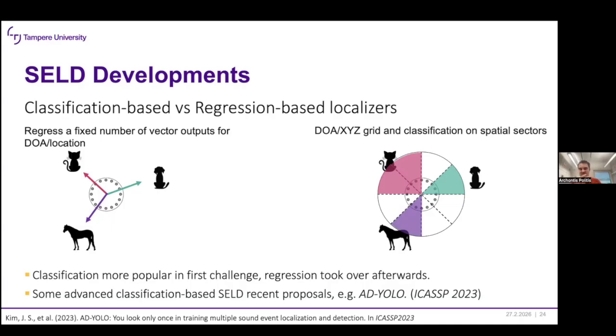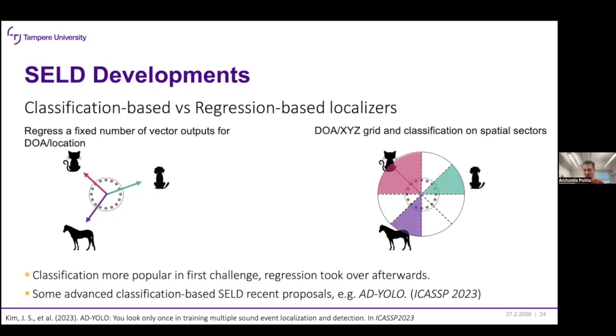Our baselines from the beginning were using a regression-based approach. And also with respect to the challenge, in the first couple of years there were more proposals using a classification-based approach, but then later most methods moved to regression.